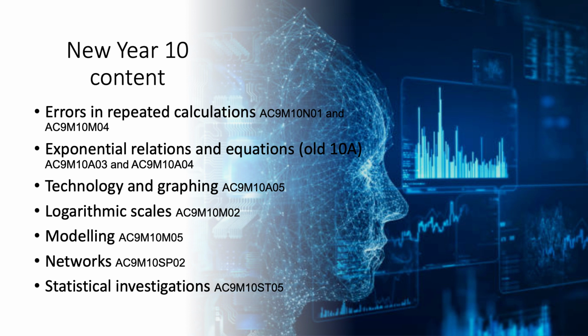There are a number of elaborations mentioning the word modelling. Networks or graph theory is a significant addition in Year 10, and Cambridge have 4 new sections added to the geometry chapter in Year 10 to cover that content, as well as some descriptors on statistical investigations.